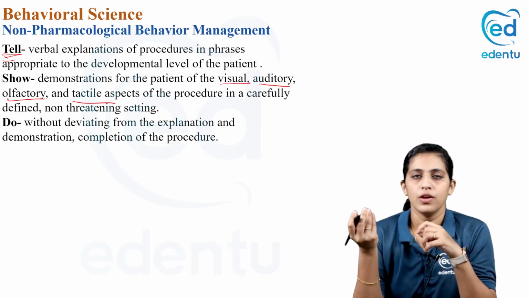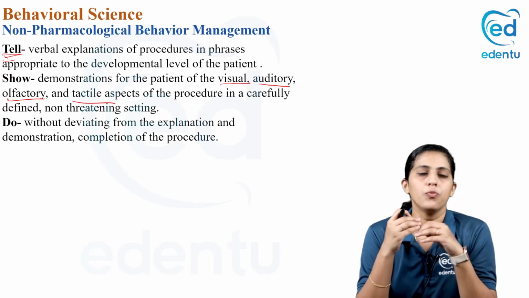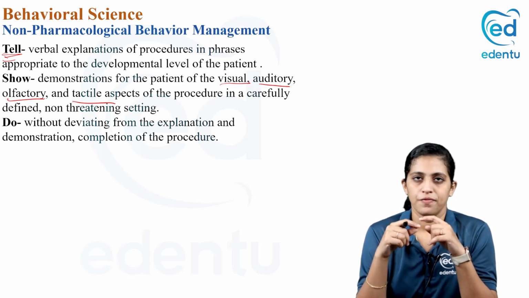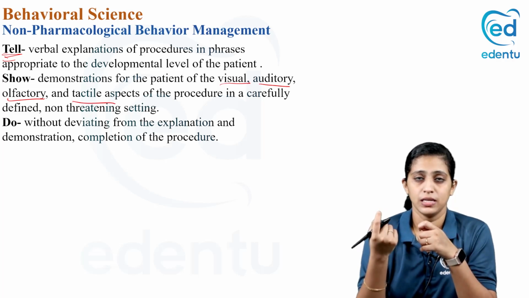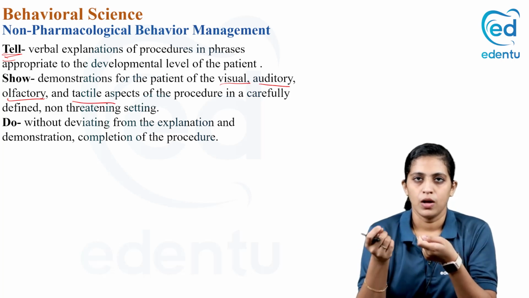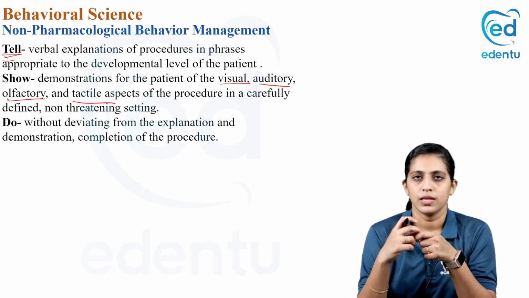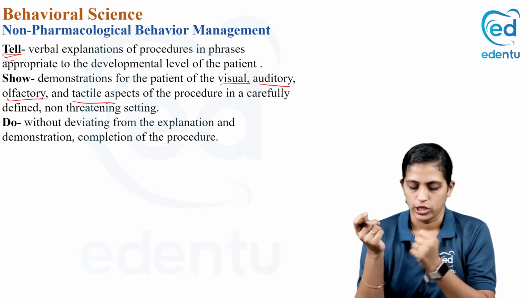So if we are demonstrating the air rotor to the child, we don't place a bur on it. If we are placing a bur by chance, we have to show it on something like a dummy, but not on something that will scare the child.